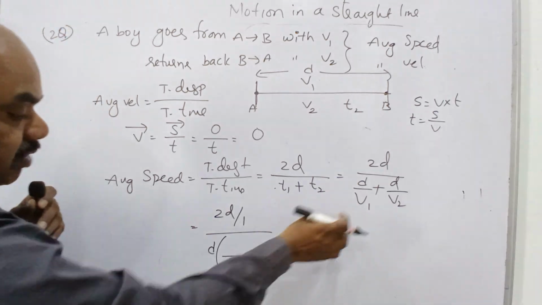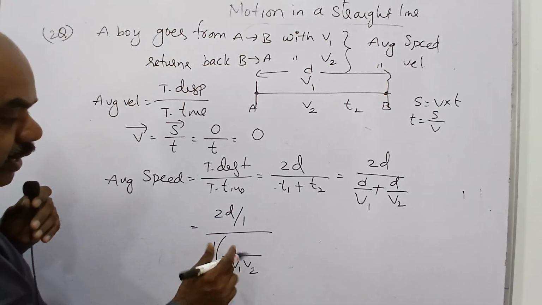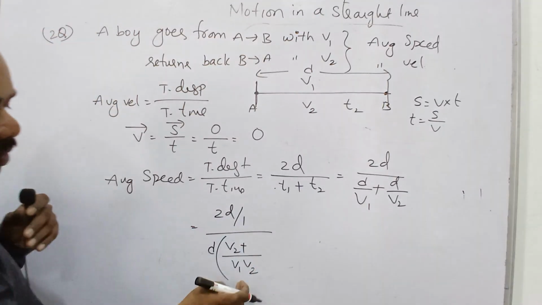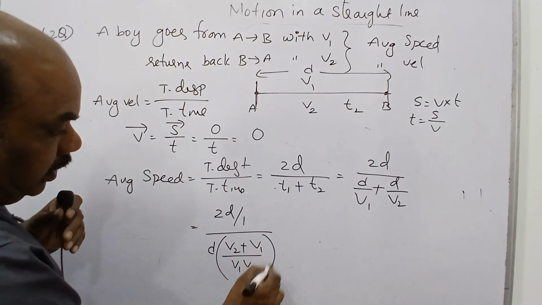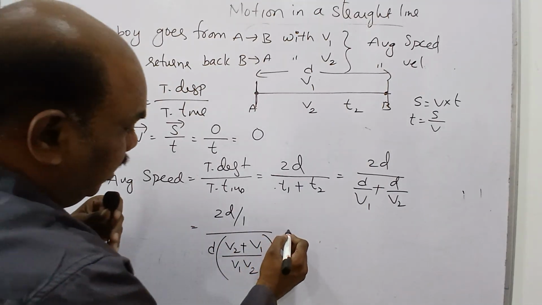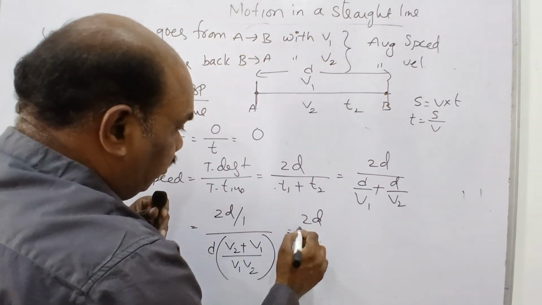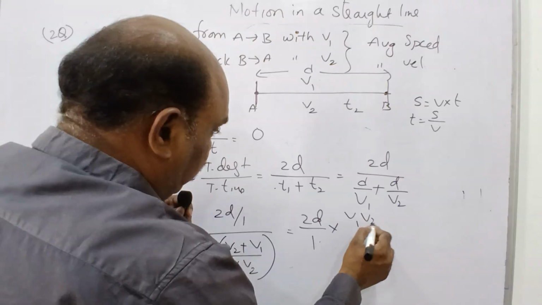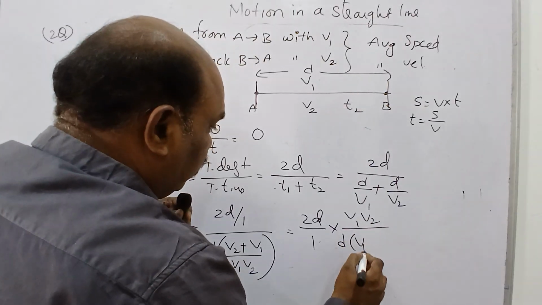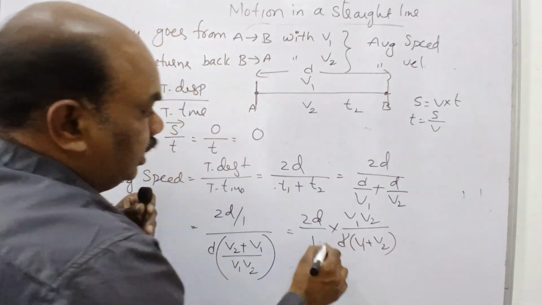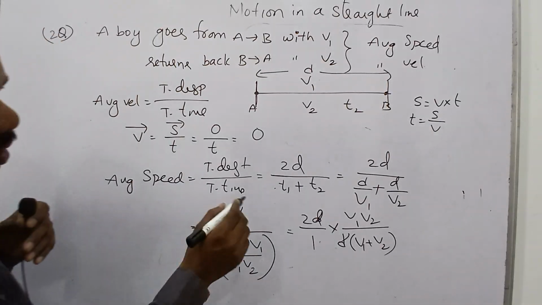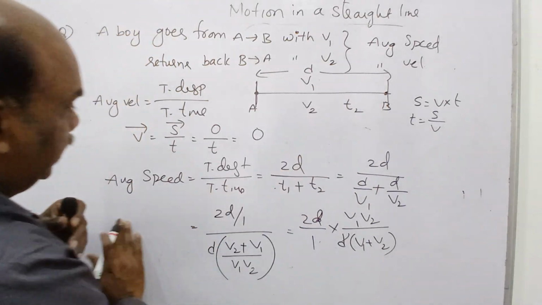LCM divided by v1 gets cancelled, leaving v2 in the numerator, plus LCM divided by v2 gets cancelled, leaving v1. So the final answer is 2d into v1 v2 by d into v1 plus v2, so d and d cancel, so the final average speed is equal to, can I write here?